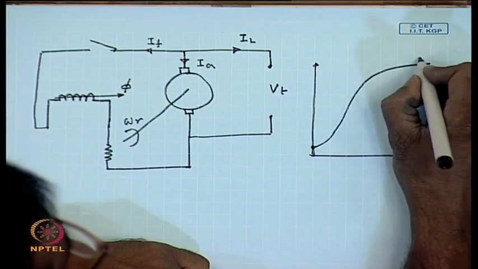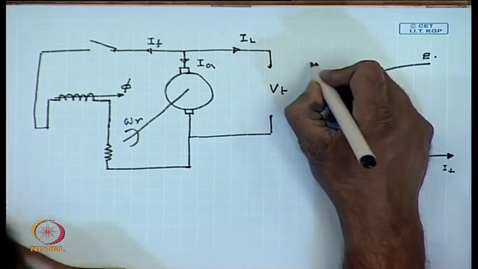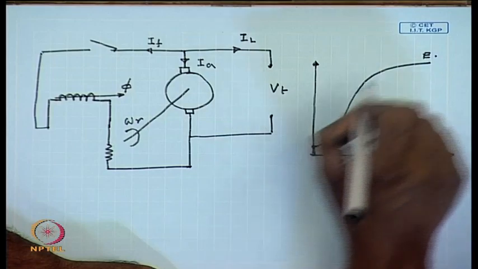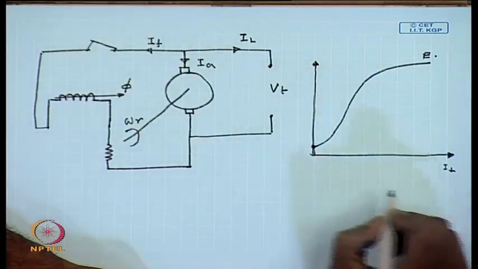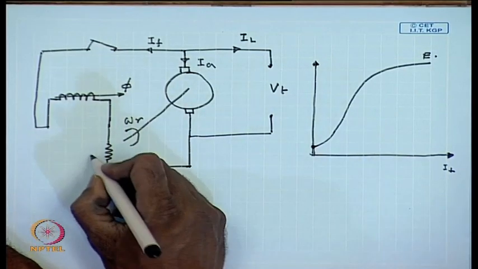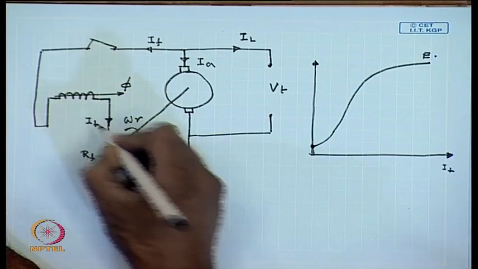This is the plot of E. Now, initially the field current is 0. At this point the machine is run at its rated speed and this switch is closed. As soon as the switch is closed, there is a current I f that will flow in the field circuit.